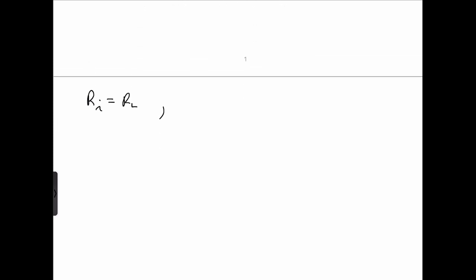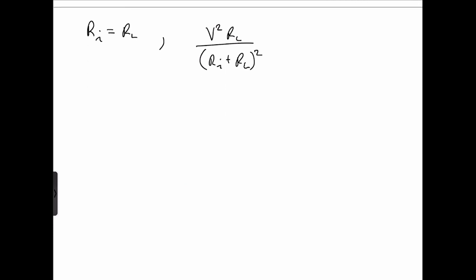Ri is equal to RL in our power equation. We know that power is equal to V squared times RL over (Ri plus RL) squared. We plug that in, and we then get power is equal to V squared divided by 4 times Ri.